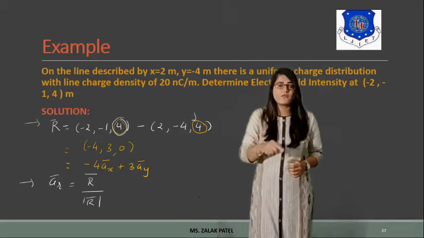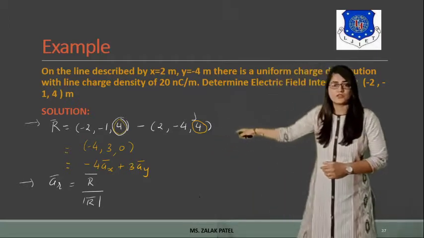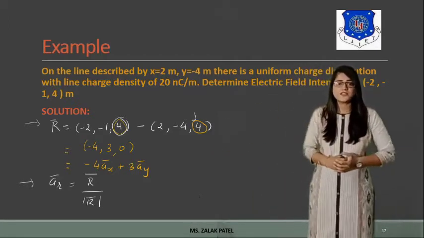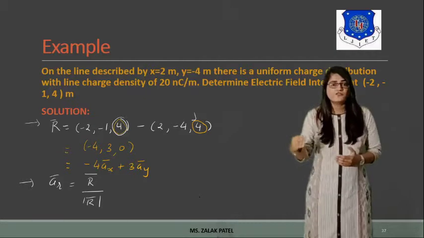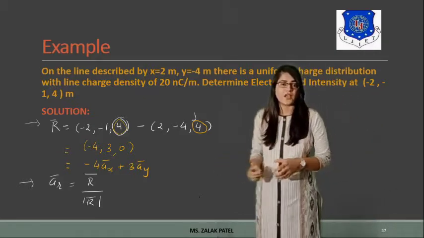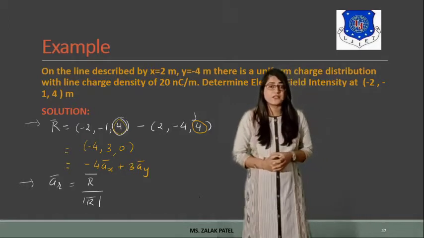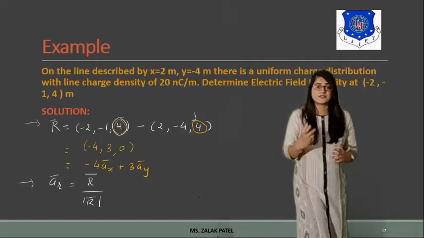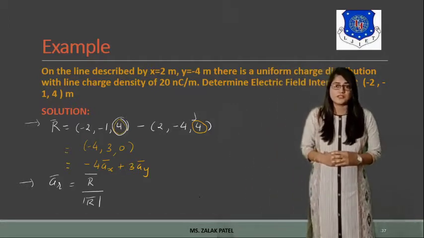So that 4 will be taken as it is. So the new point is (2, -4, 4). Now if you do the subtraction, you get the resultant distance coordinate, that is (-4, 5, 0).